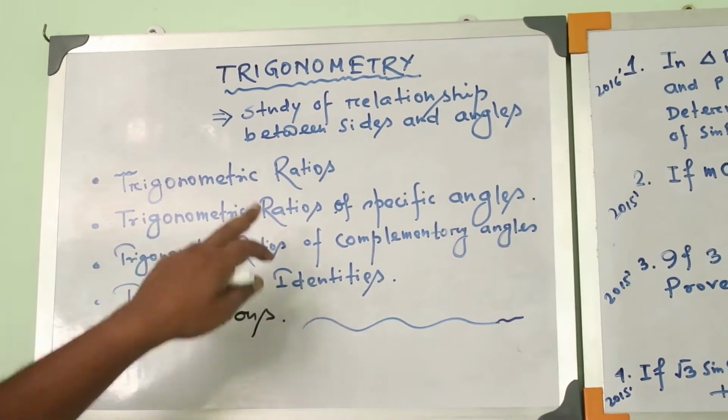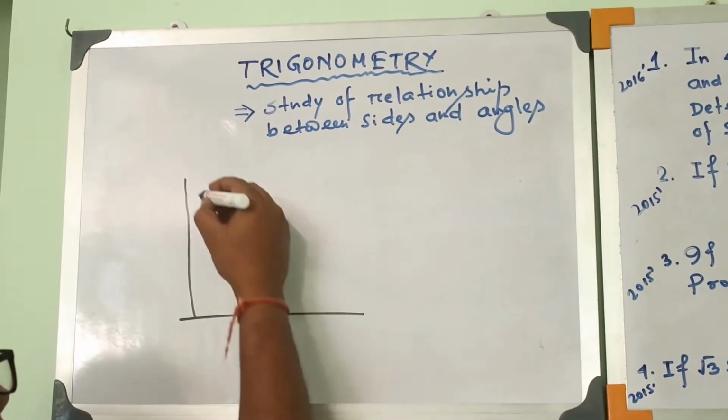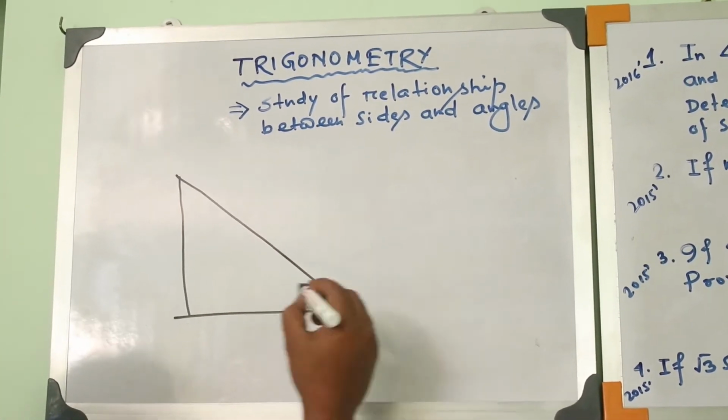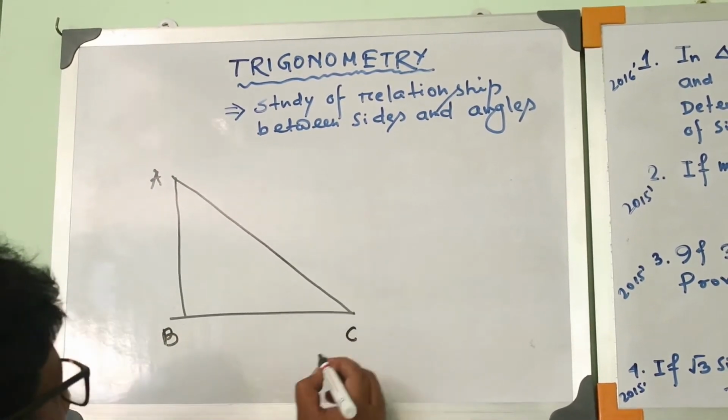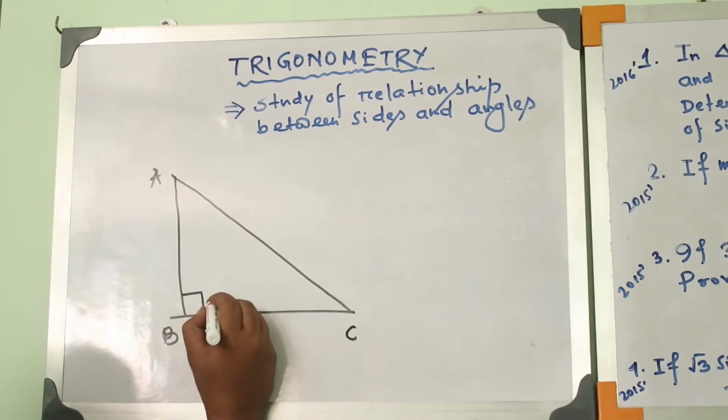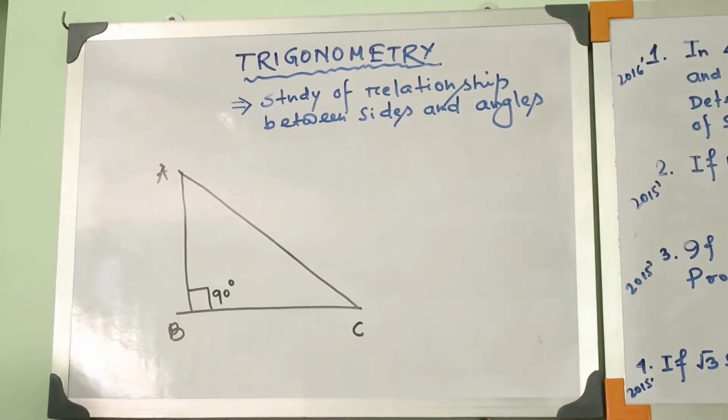First, I will cover trigonometric ratios. So this is the right angle triangle. ABC is the right angle triangle. B is the 90-degree angle.